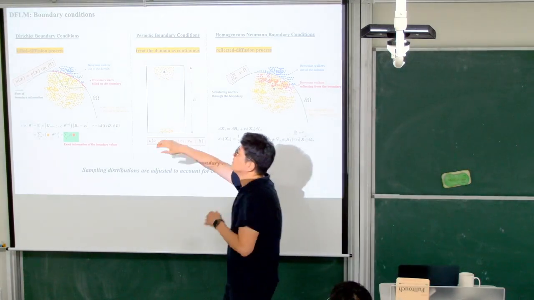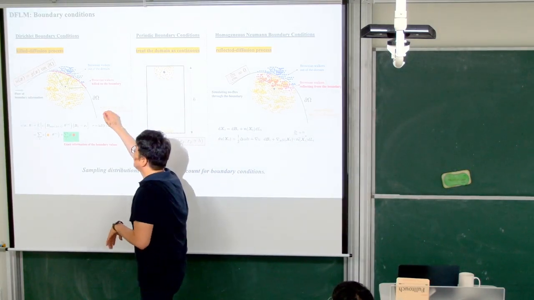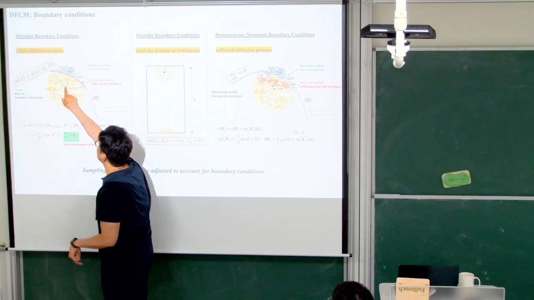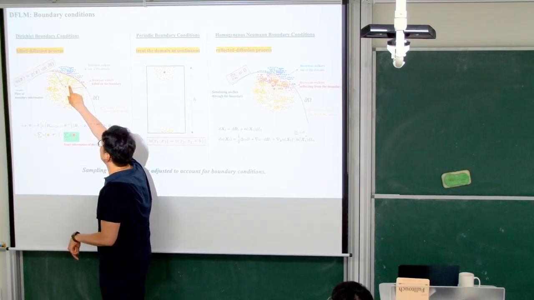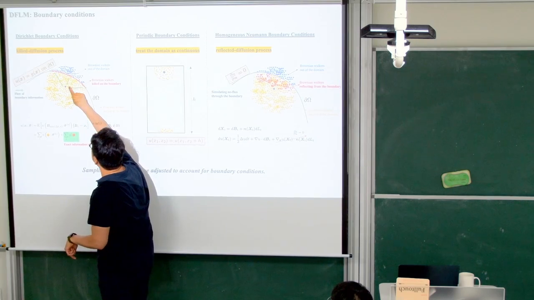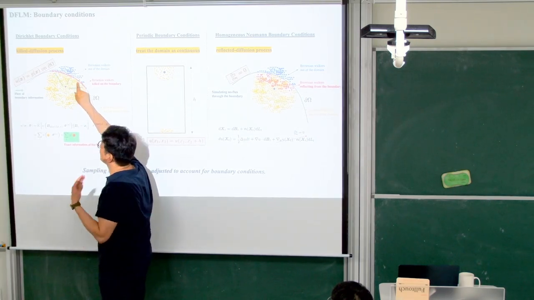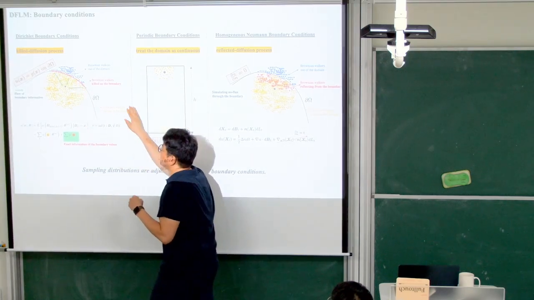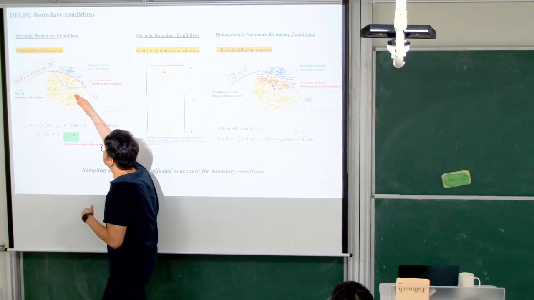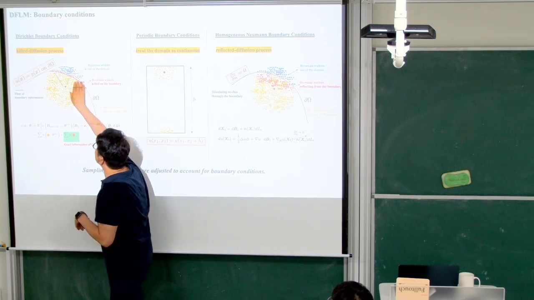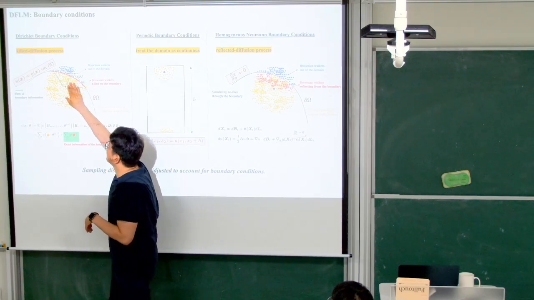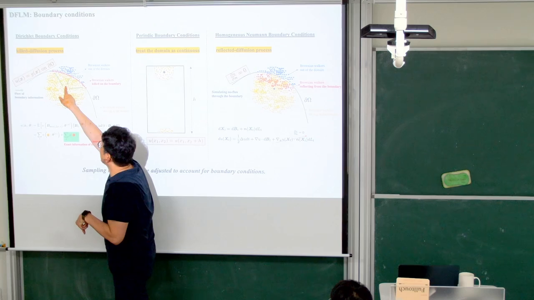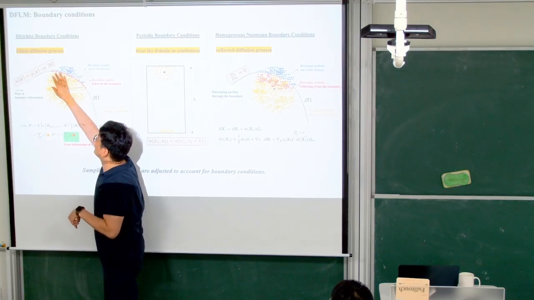So for the case of the Dirichlet boundary, imagine that here is the point we are interested in, and we simulate the Brownian motion, and once the Brownian particle hits the boundary, we consider it killed, or absorbed. In that manner, the sampling changes. If there is no boundary, it is symmetric, but near the boundary the sampling is different. So the solution at that black point is the average of the yellow one and the red one.